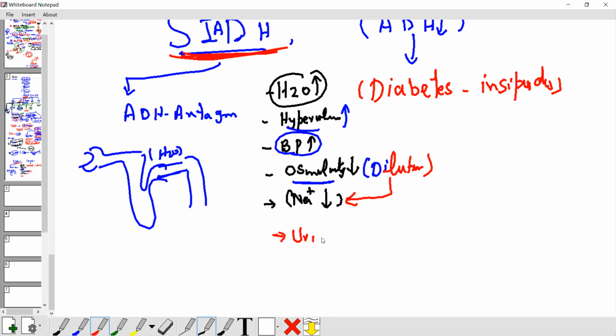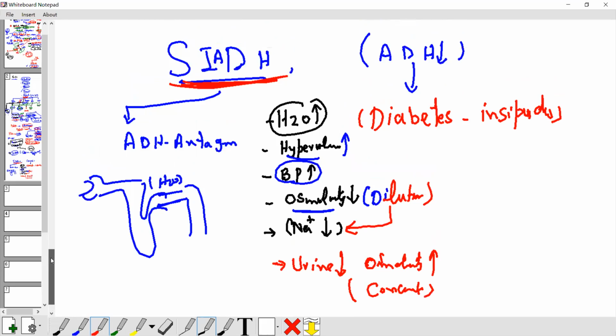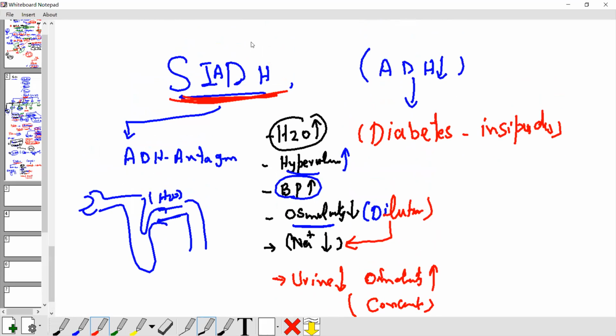Water going out, urine decreases because of the very high level of ADH. What happens with the osmolarity of urine? Osmolarity of urine is very high, very concentrated urine, because you do not allow water to go outside. So it's SIADH.